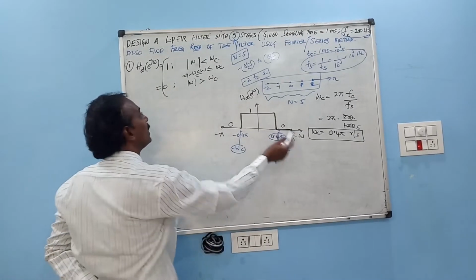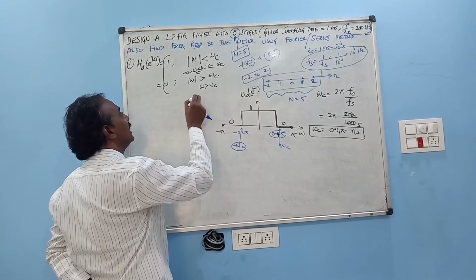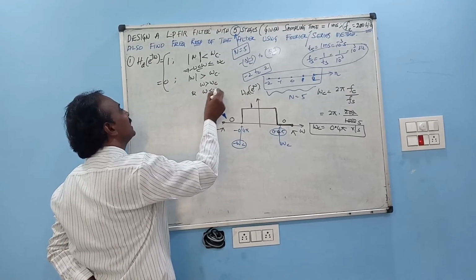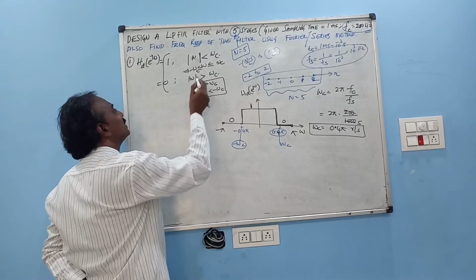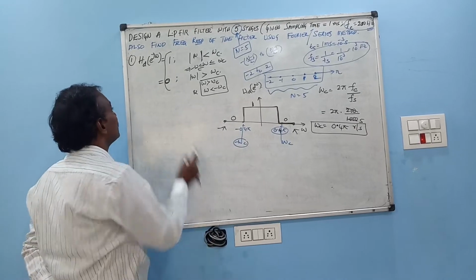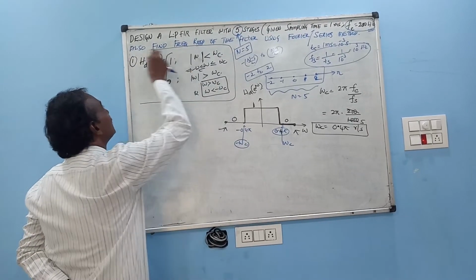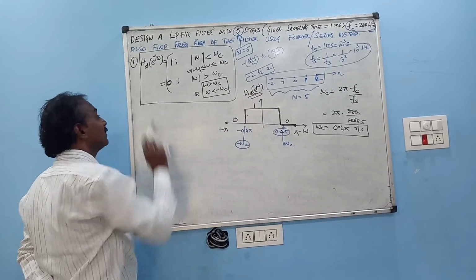Greater than omega c means omega greater than omega c and omega less than minus omega c. For these values it is 0. So this is the desired transfer function, capital HD of omega, that we got in the first step.